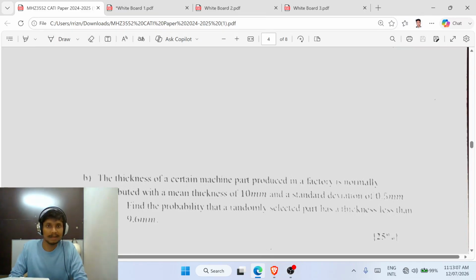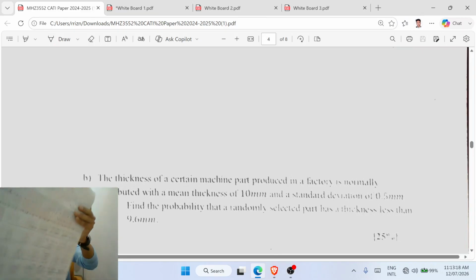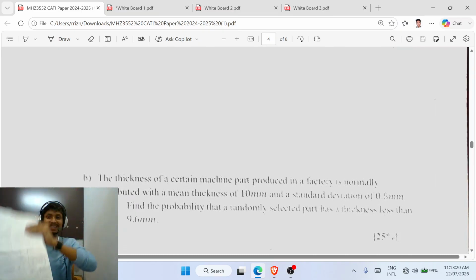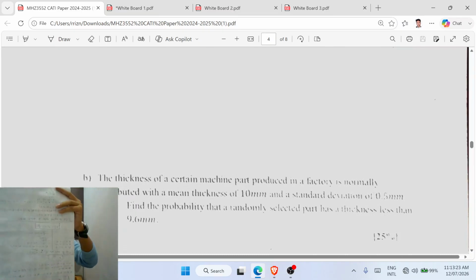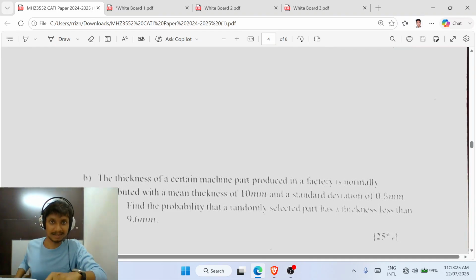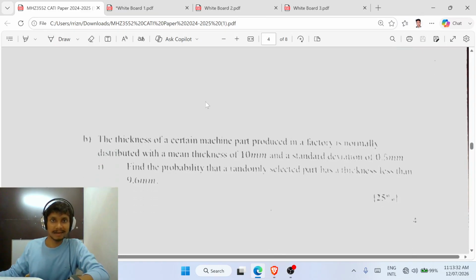According to Mr. Silva's announcement, CAT 1 will cover unit 1 and unit 2 of the probability and statistics course. Therefore, they will only ask within unit 1 and unit 2. Therefore, I think we don't need to consider the out-of-coverage area. Okay, this is the CAT 1 discussion.